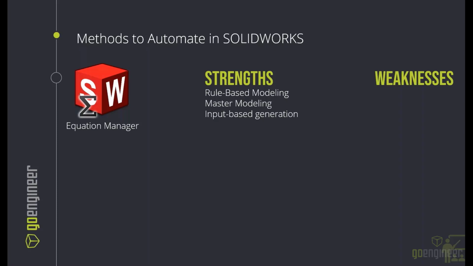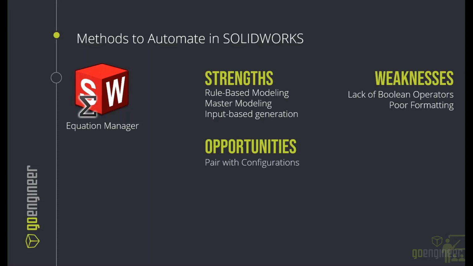Some of the weaknesses with the equation manager, though, is that there's not really many Boolean operators. We don't have a whole lot of functions built into the equation manager, and the formatting leaves a little room to be desired. Opportunities in the equation manager can be paired with configurations to drive unique equations into each configuration.